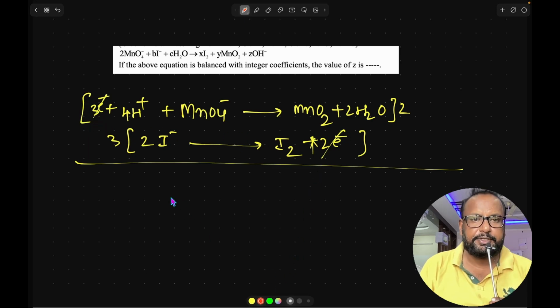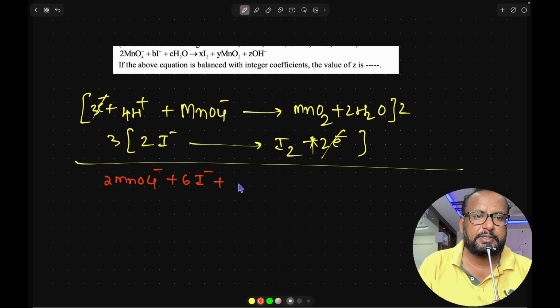So what I'll get here: 2 moles of MnO4 minus plus 6 moles of I minus plus 8 moles of H plus, which gives 2 moles of MnO2 plus 3 moles of I2 plus 4 moles of H2O.